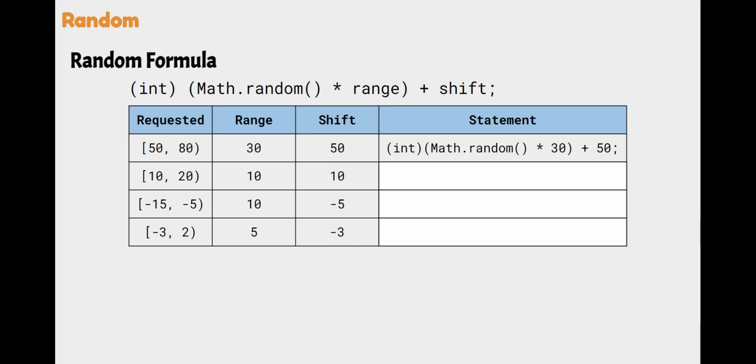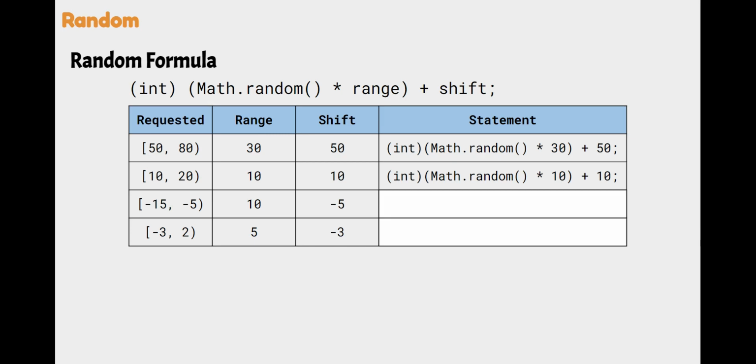In our second example, we want numbers between 10 and 20. Our range is 10. Between 10 and 20, there are 10 numbers, and they are shifted 10 from 0. This is the integer cast of the quantity Math.random times 10. That's because we want 10 different numbers, and then we're going to add 10 to that to shift those 10 from 0.